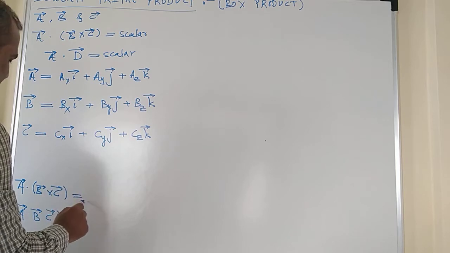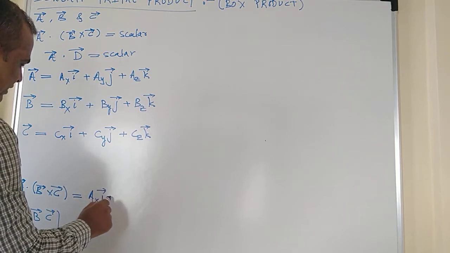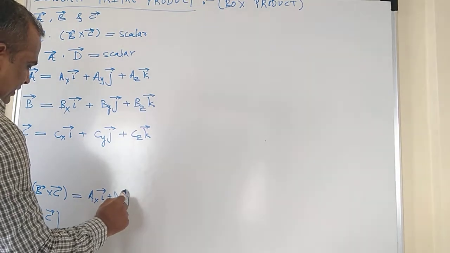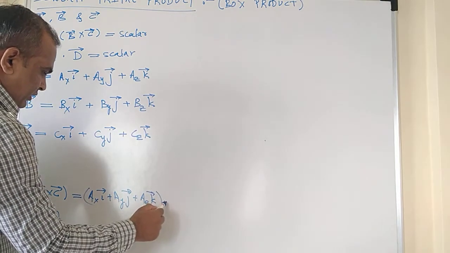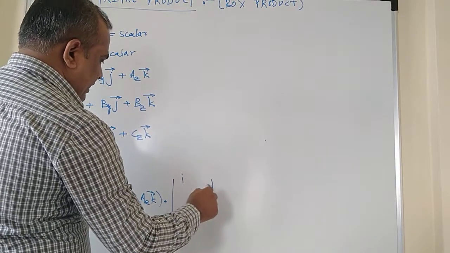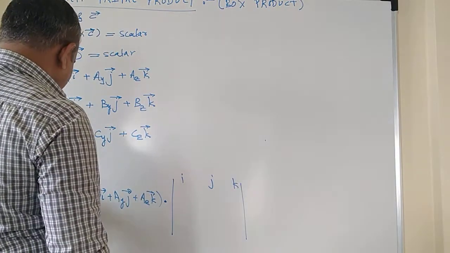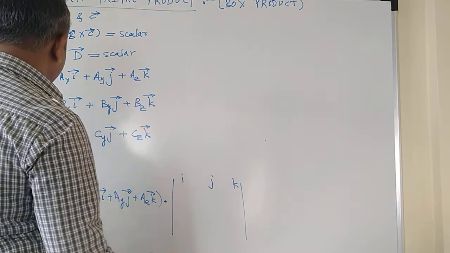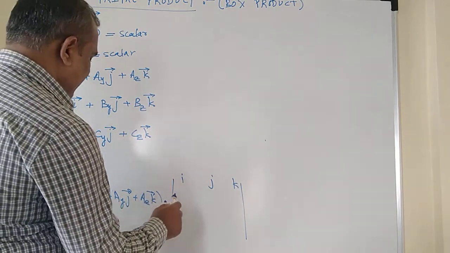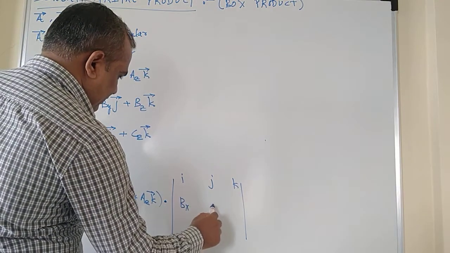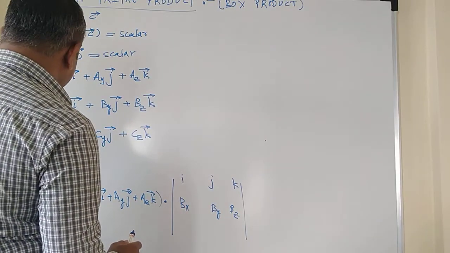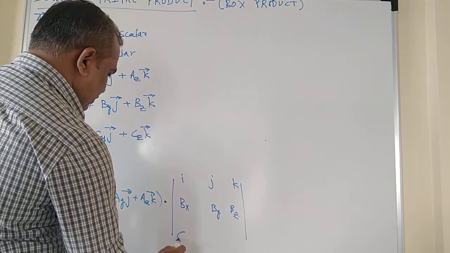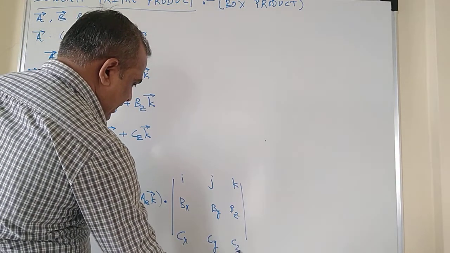So the first vector components are ax i bar plus ay j bar plus az k bar, dot the determinant of the other two: i, j, k is the first row, the components of b bar, bx, by, bz, is the second row, and the third row will be the components of vector c bar, so this is cx, cy, and cz.